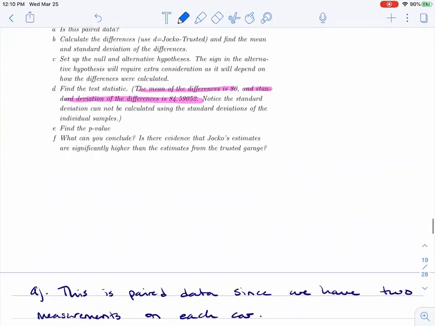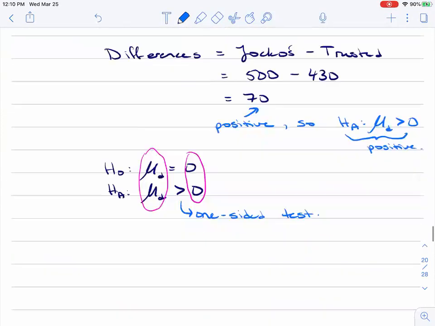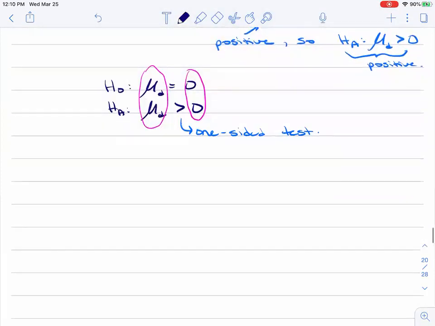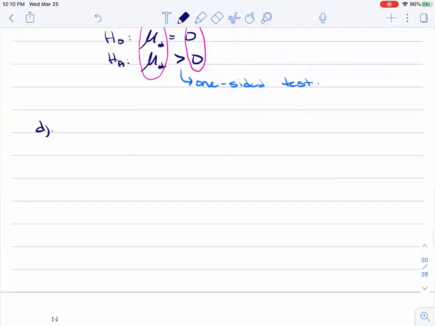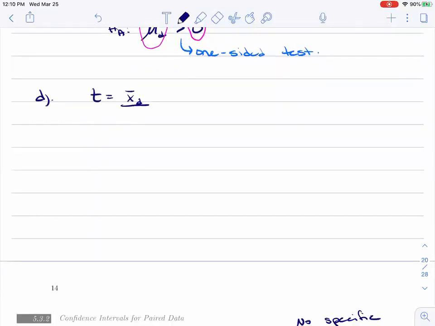So part D is find the test statistic. t is x bar d over the standard deviation of the differences over the square root of the number of differences.